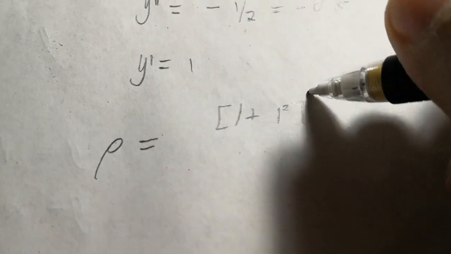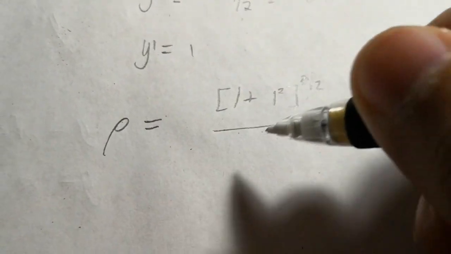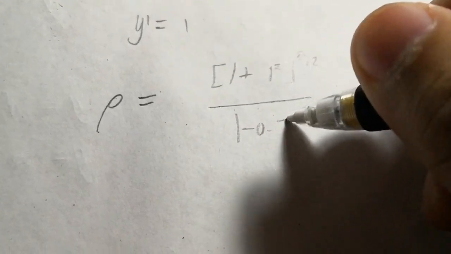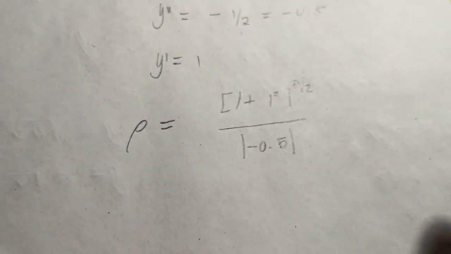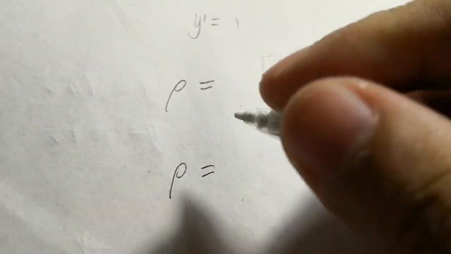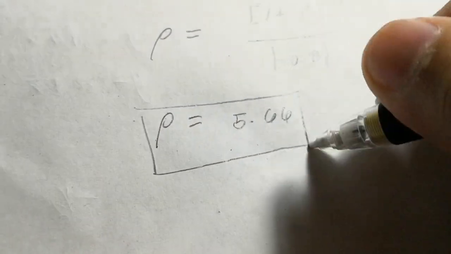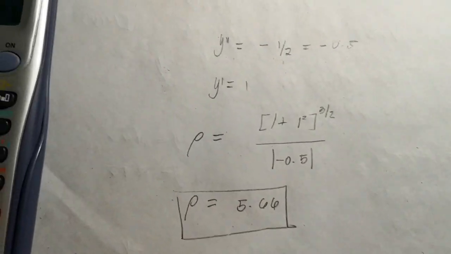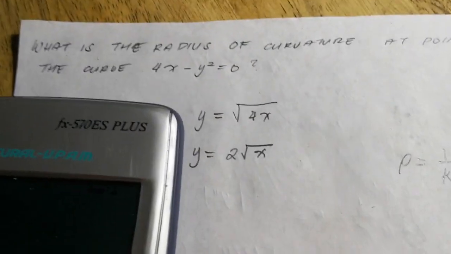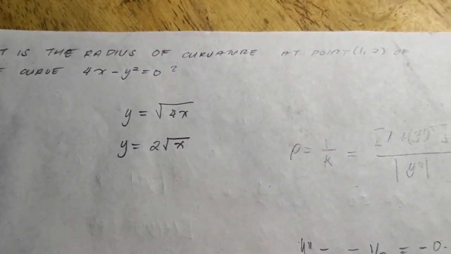We can now plug in the values to solve for the radius of curvature, which is rho equals 1 plus the first derivative, 1 squared, raised to 3 halves, all over the absolute value of the second derivative. We will approximately get a value of 5.66. So this will definitely speed up your calculations, especially if the function is very complicated to take the derivative of.